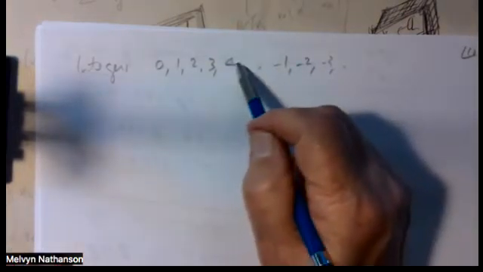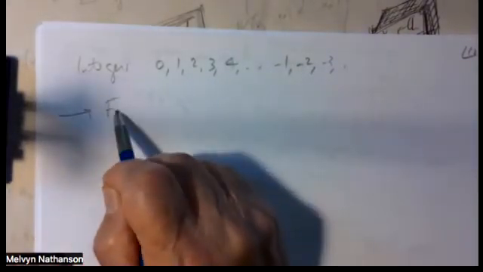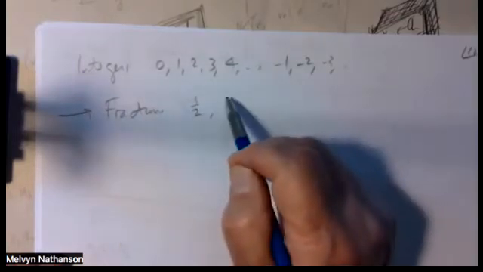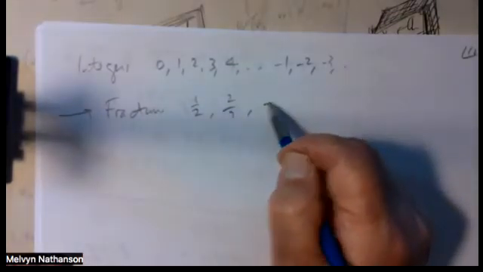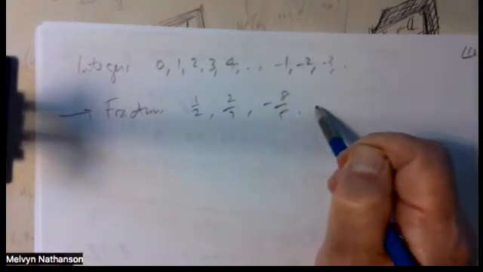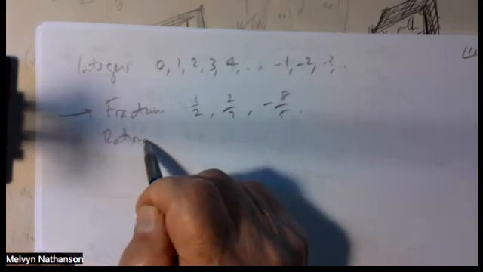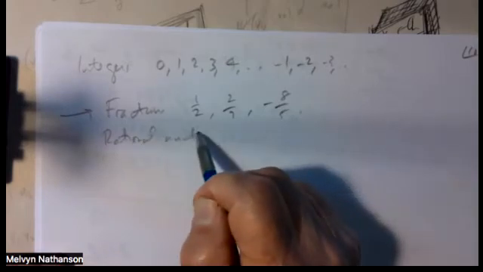And then you learned about the negative integers. And as you progress through elementary school, you went from the integers to fractions. Numbers like a half, 2/7, minus 8/5, and so on. Or another name for a fraction is a rational number.